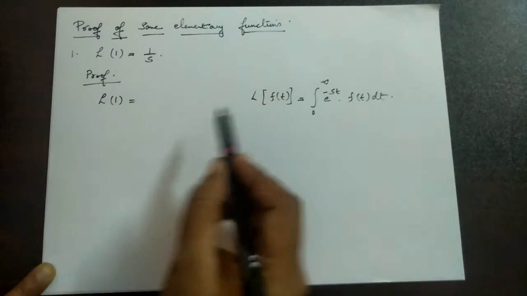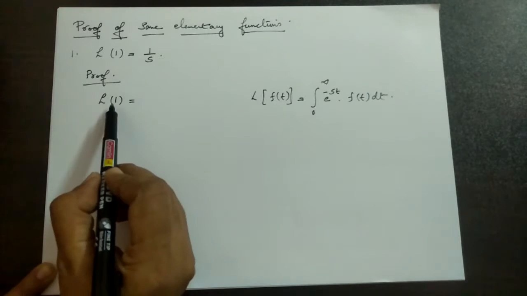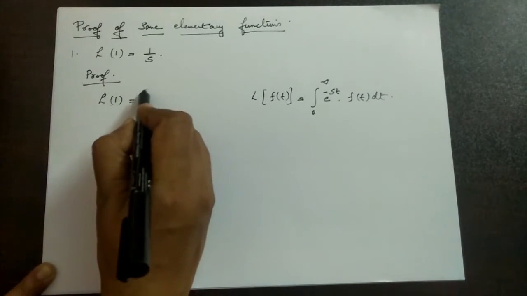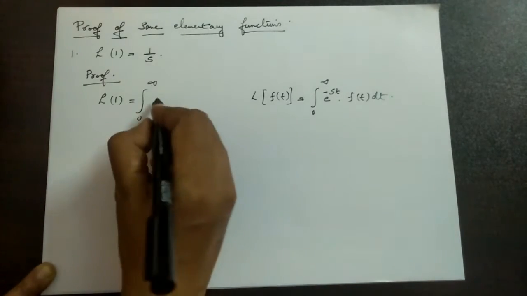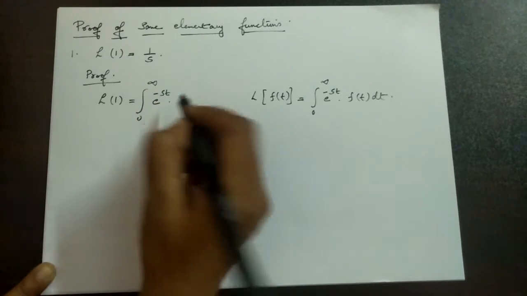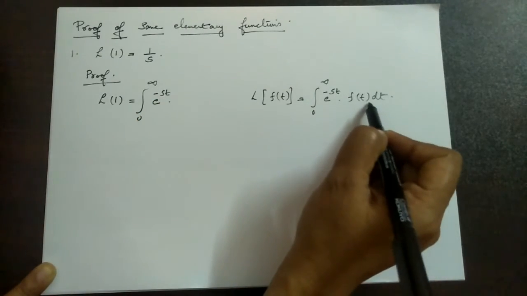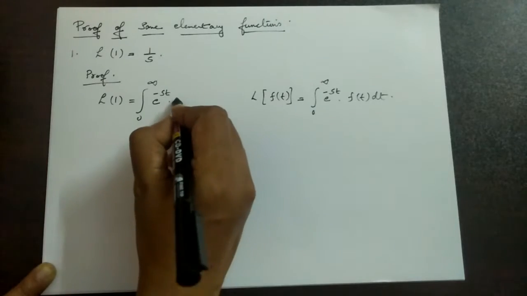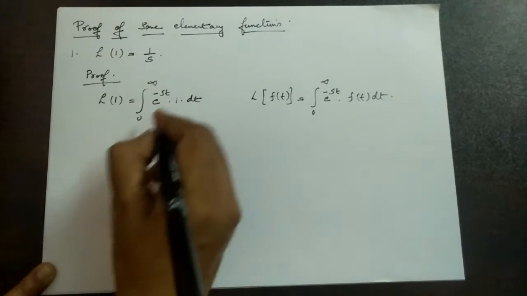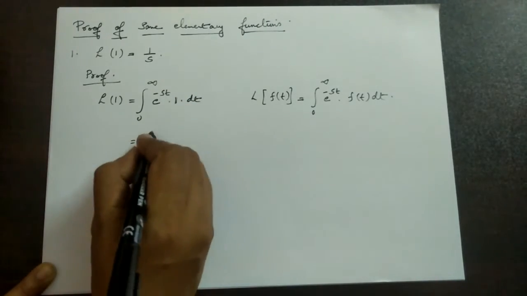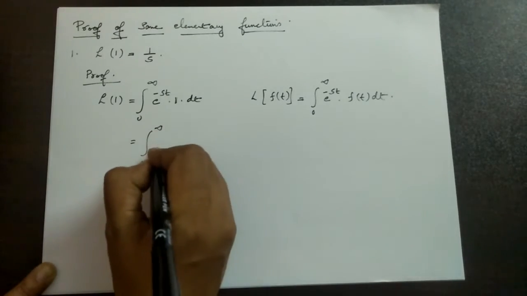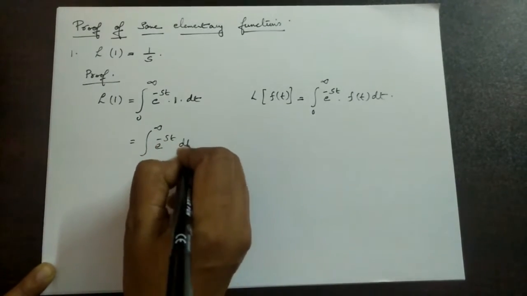By using this, we can write the Laplace transform of 1 as integral from 0 to infinity e raised to minus st into, in the place of f of t we have 1. Therefore 1 into dt. Again this is equal to integral from 0 to infinity e raised to minus st dt.